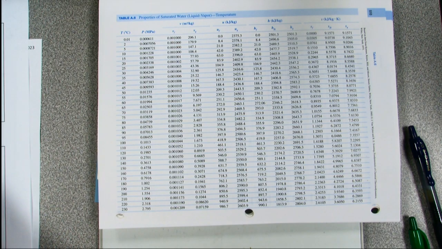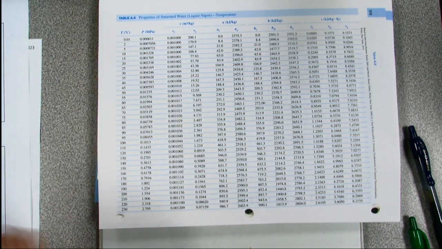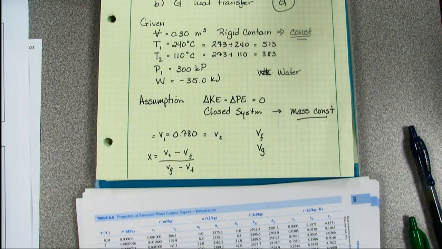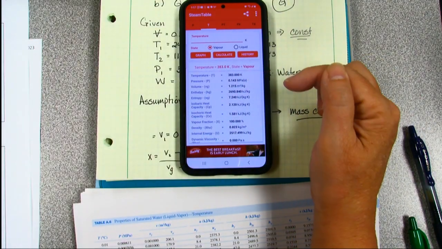So if I go back, I want temperature, so now I can go back to the temperature. The temperature in Kelvin was 383. So that gave us our pressure.